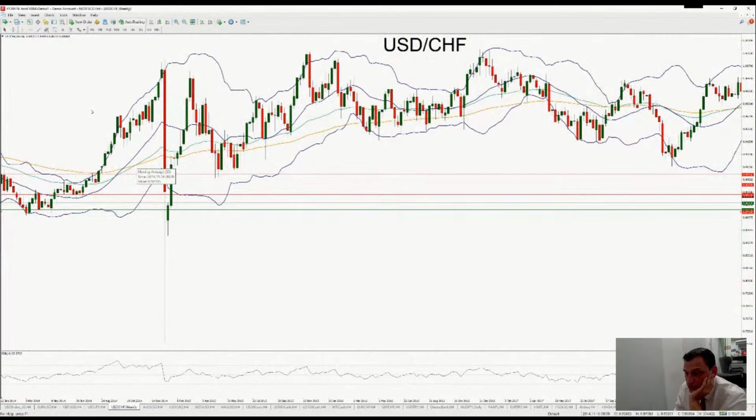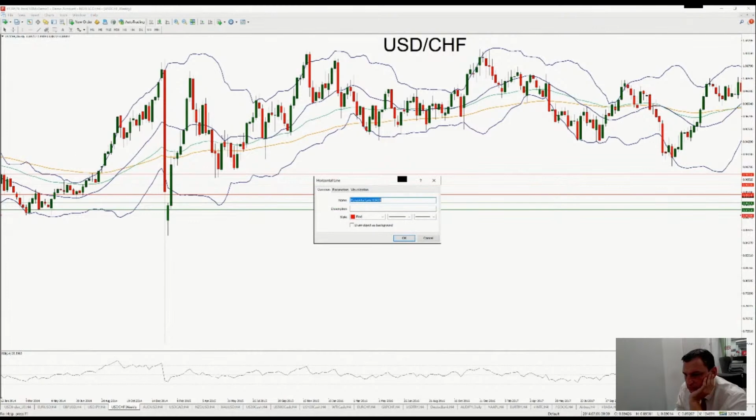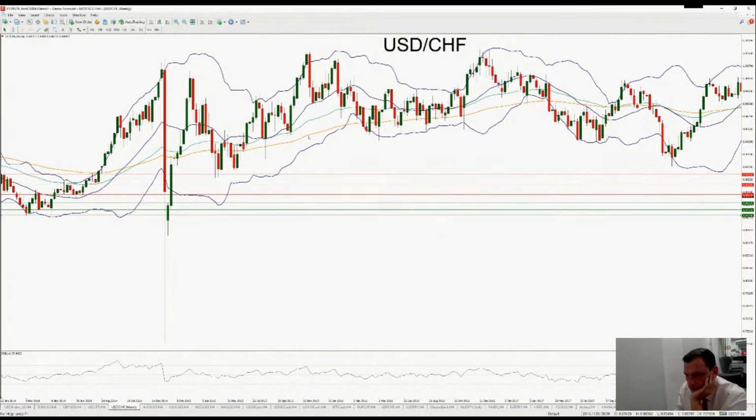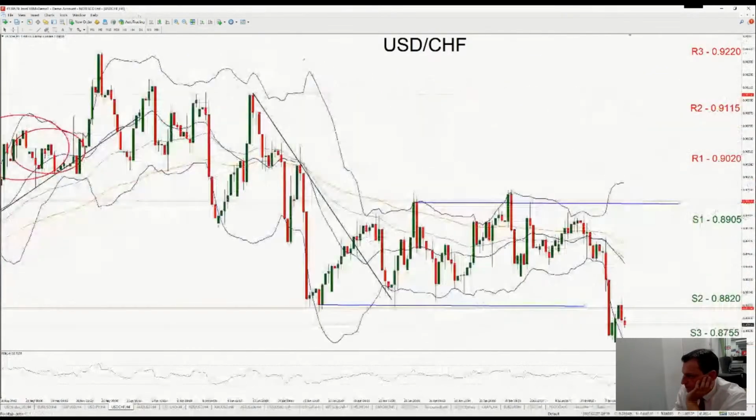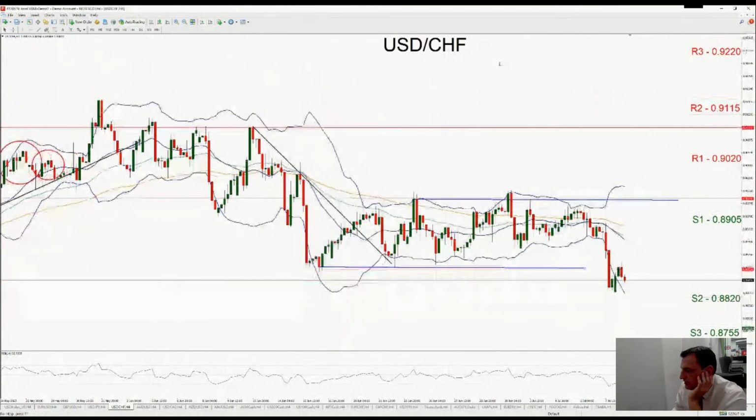We haven't seen such low prices since 2015. $0.87 for chart. We're adjusting it. Let's correct the levels as well.